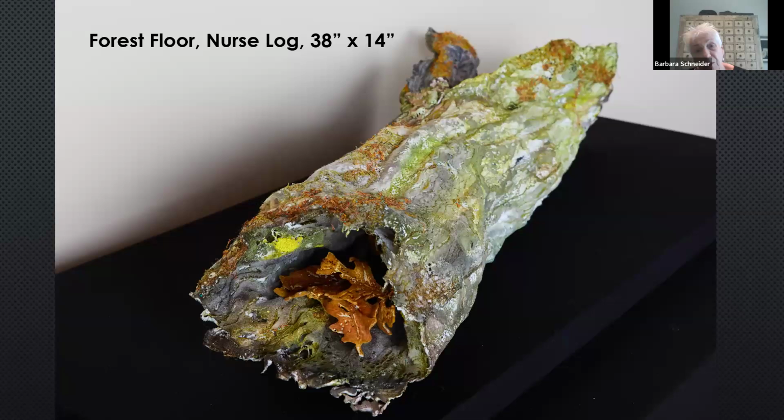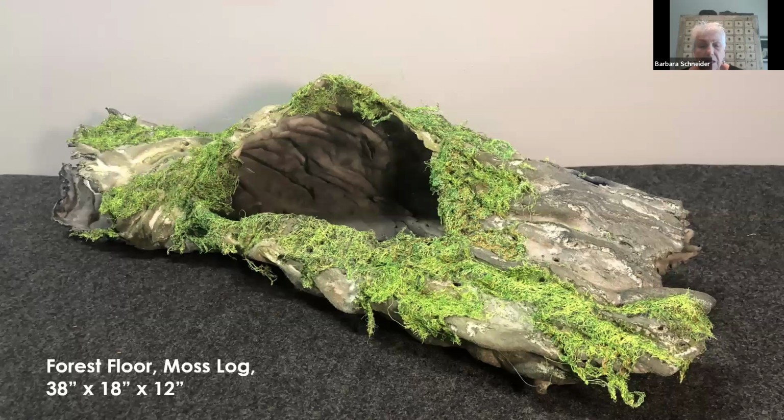This is another example called Nurse Log, in which it's now been fully turned into a tube and then open at each end. Another example, Moss Log. I learned how I could create the moss with free motion stitching on dissolvable fabrics and then using heat and stitching, add that moss to the log itself.